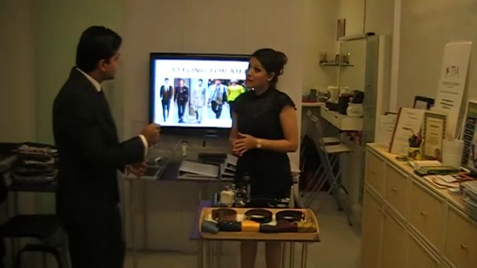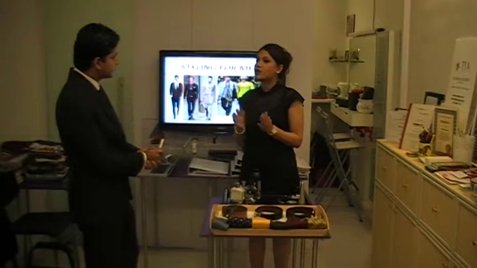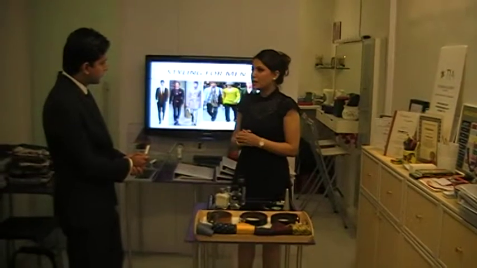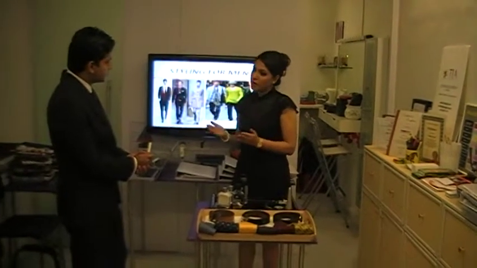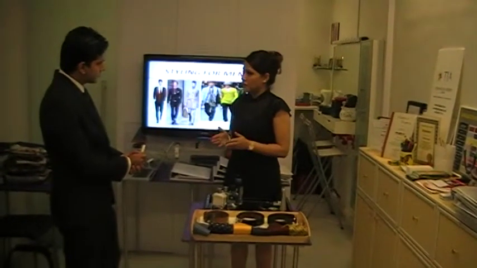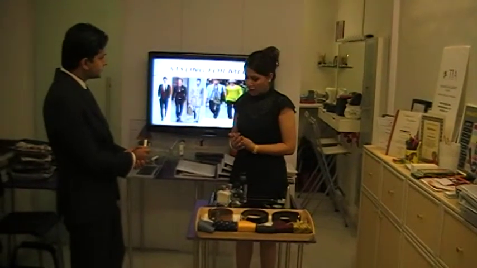It's milder. Okay, so this is a perfume that you could possibly wear during the day. We also do not recommend that you wear a very strongly fragranced perfume to any meetings or business conferences because it may overwhelm your clients.